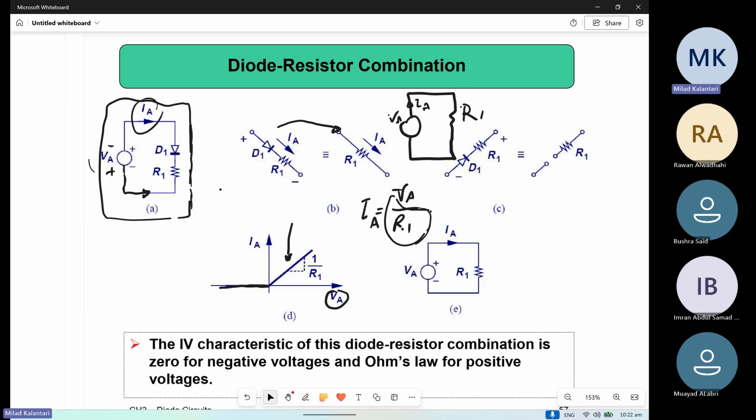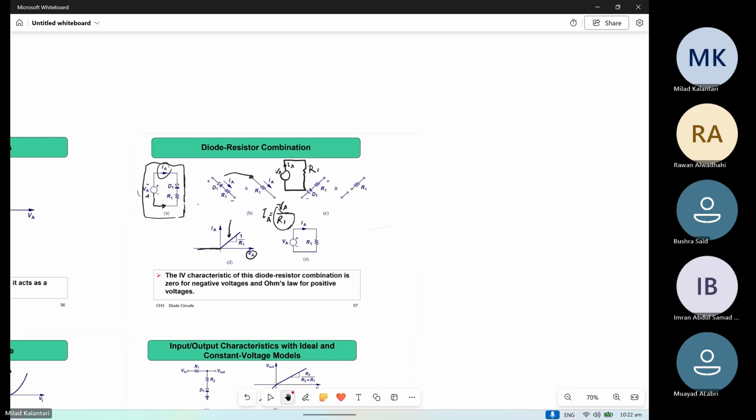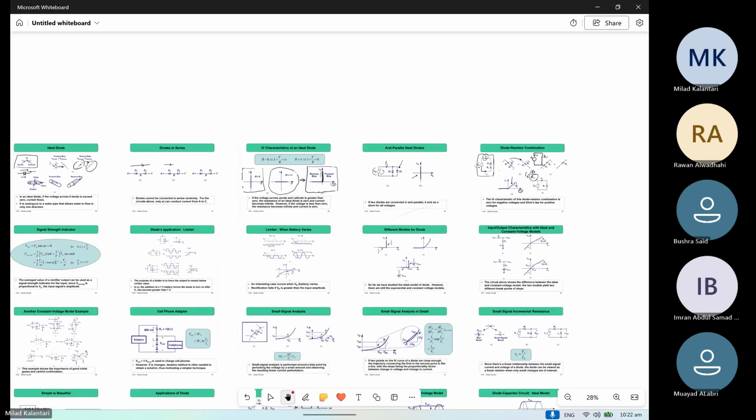So that's how we simplify the circuits. We first try to understand what is the region of the diode. Is it on or off? Once it's on, then we just put in a short circuit, ideally. Once it's off, you remove or cut the line.